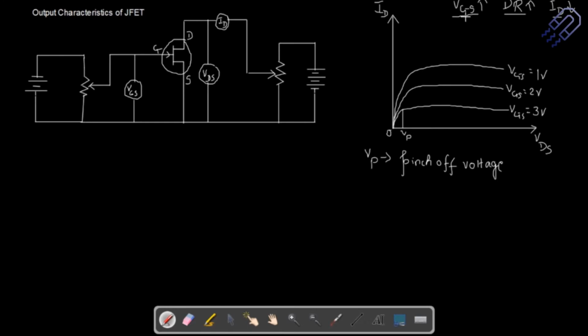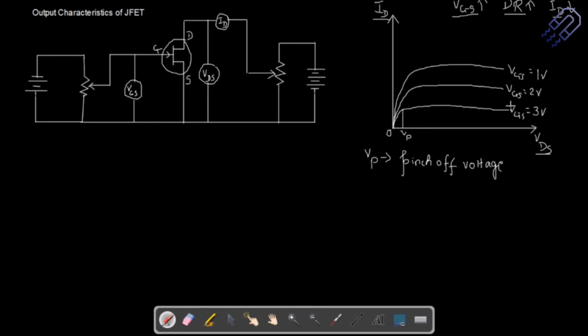So this is what we have seen in the principle of JFET, and if you plot a graph between the output drain current and the drain source voltage, we get a behavior which is similar to a BJT. But in a BJT, this part is the base current in the case of a common emitter transistor.